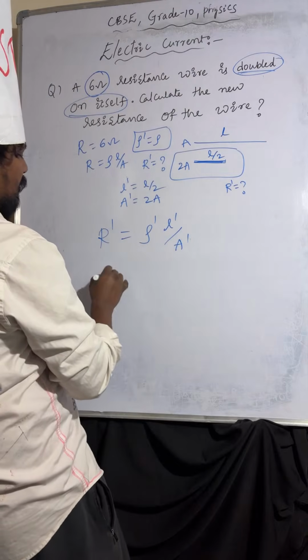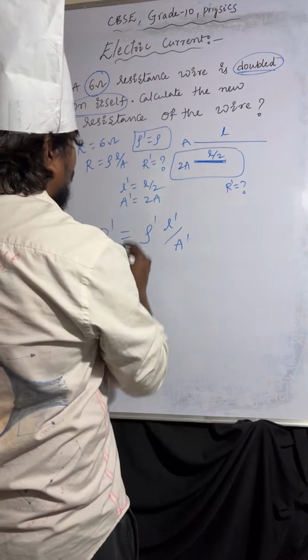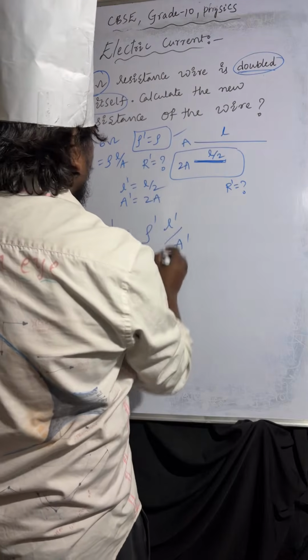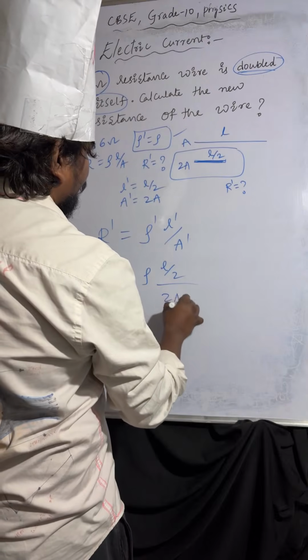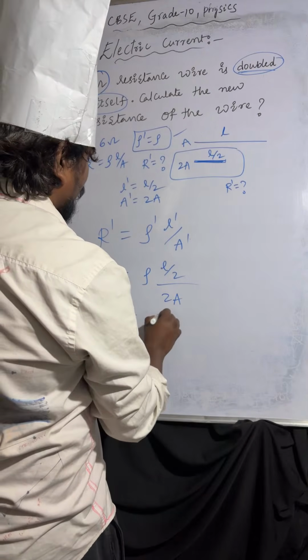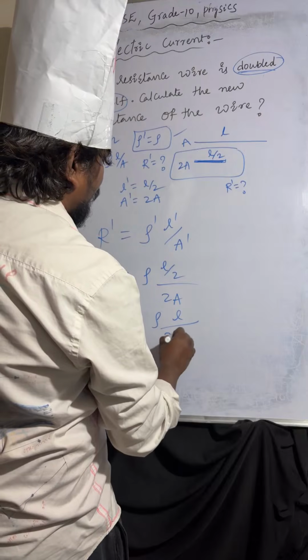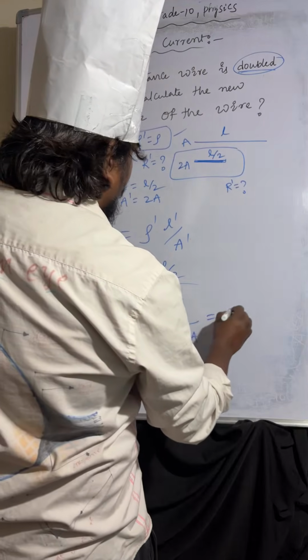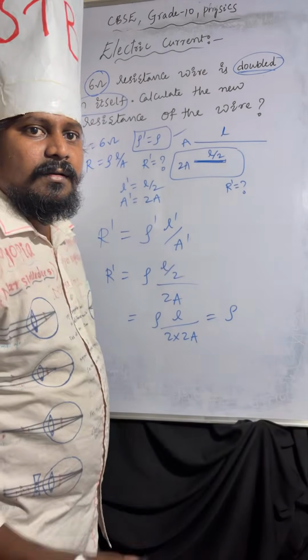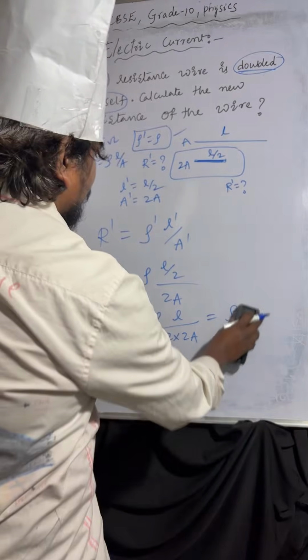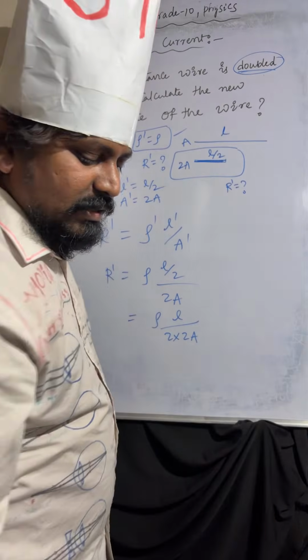Rho is nothing but rho only, L dash is equal to L by 2, and A dash is equal to 2A. So rho into L by 2 into 2A, that is nothing but rho into, so you can write it separately. Understood?